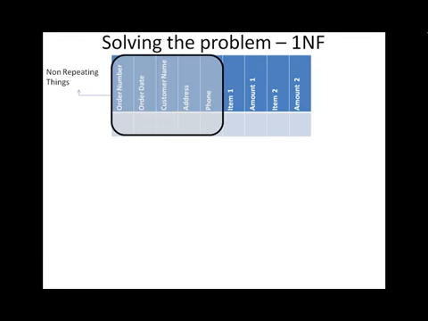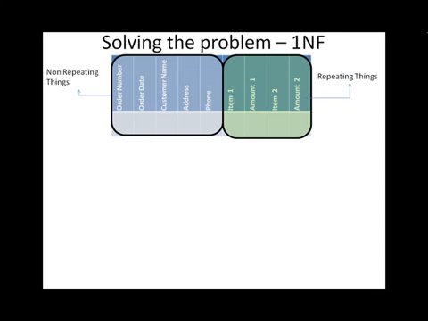In this table there was a non-repeating area. The non-repeating area was order number, order date, customer name, address and phone. And there was a repeating area which had item 1, amount 1, item 2, amount 2, and if there was an item 3, amount 3.